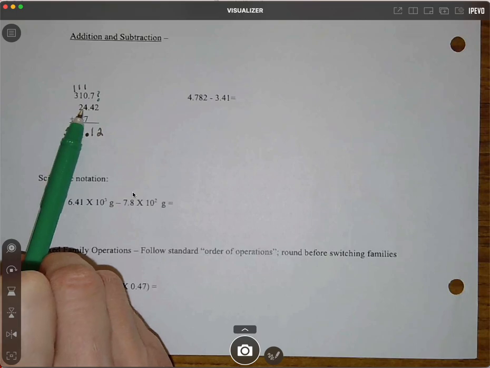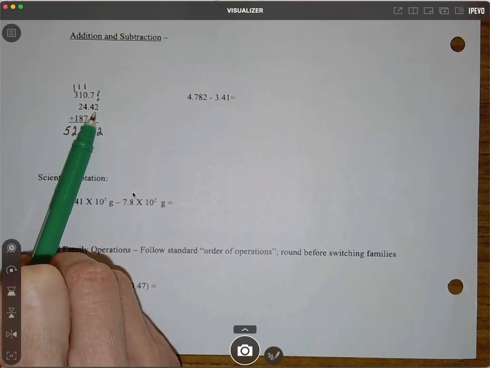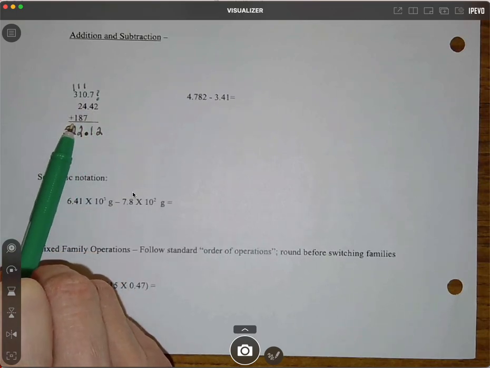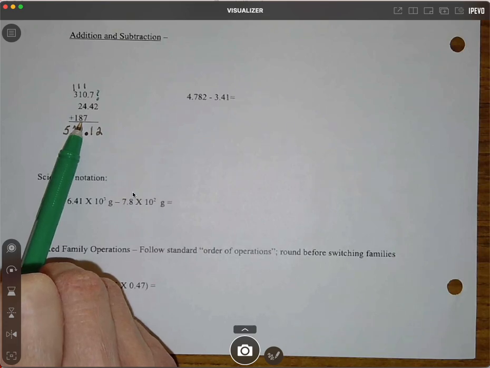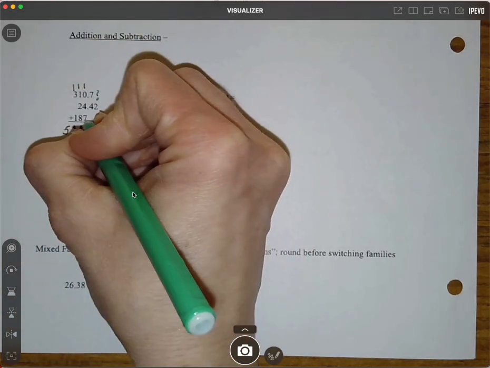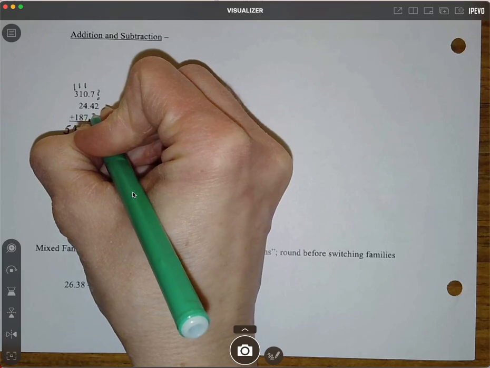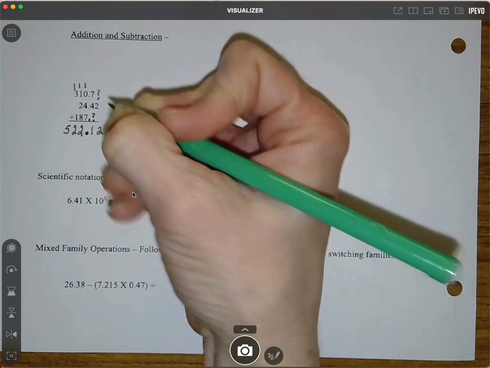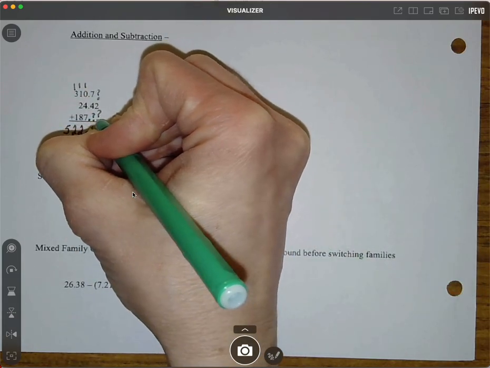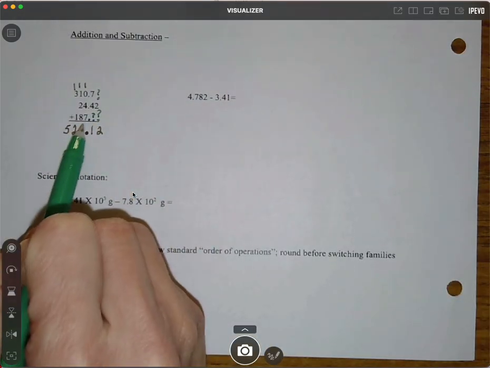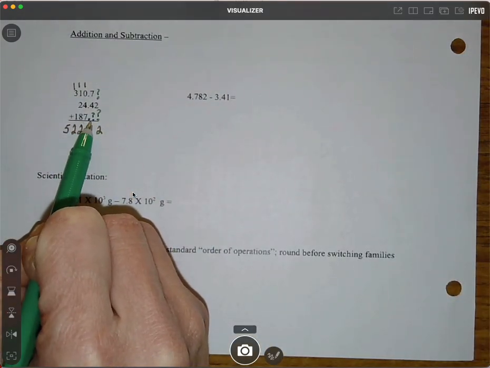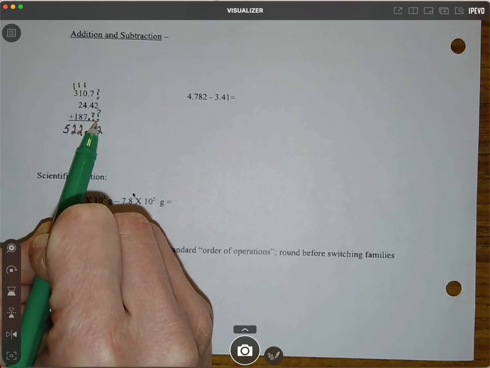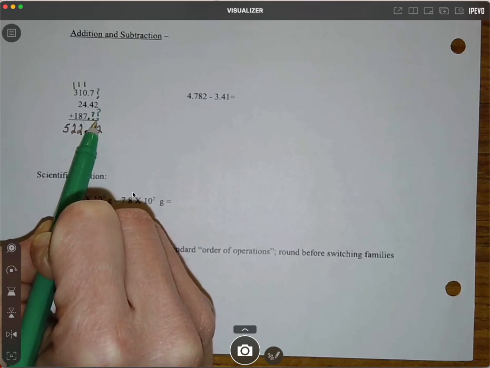And this is 24.42-ish. And this is 187-ish, which means I don't know this number. And I really don't know this number because it's beyond 7-ish, I really don't know. And beyond I really don't know is I haven't got the foggiest idea.